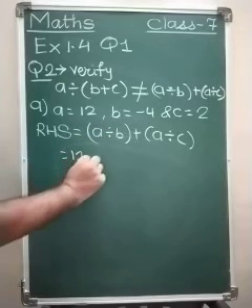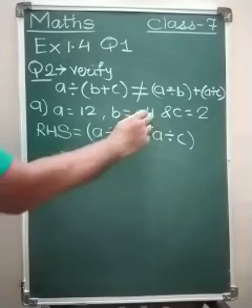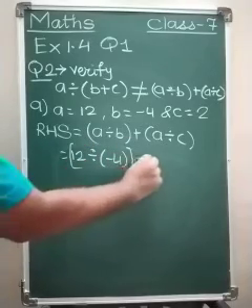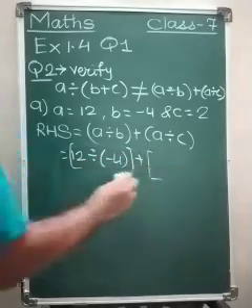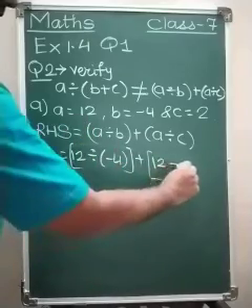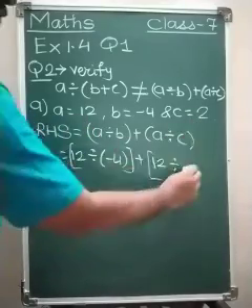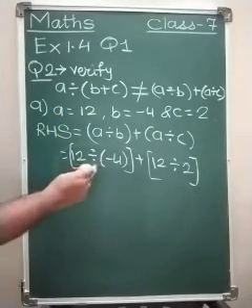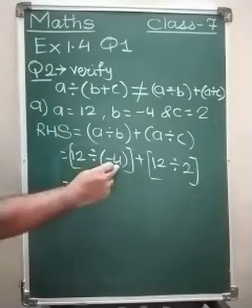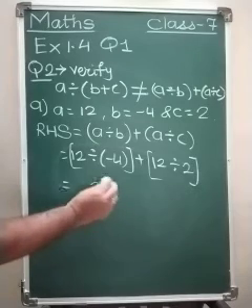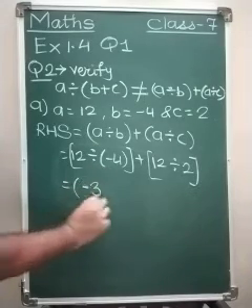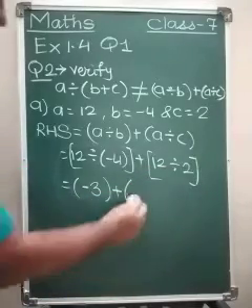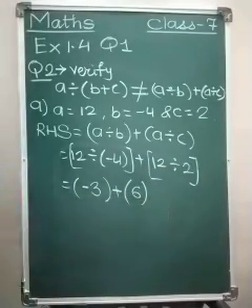So this equals 12 divided by, what is B? -4, plus, what is A? Again 12, divided by, what is C? 2. So this will be 12 divided by -4. 12 divided by 4, the answer would be 3. One is negative, so this will be -3, plus 12 divided by 2, the answer would be 6.